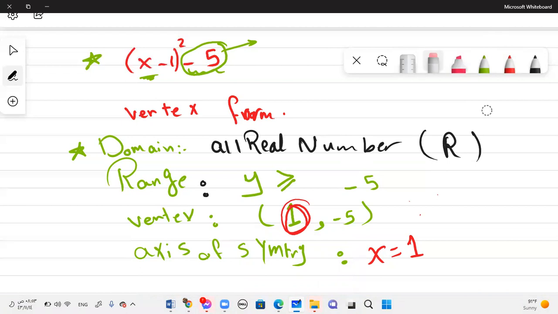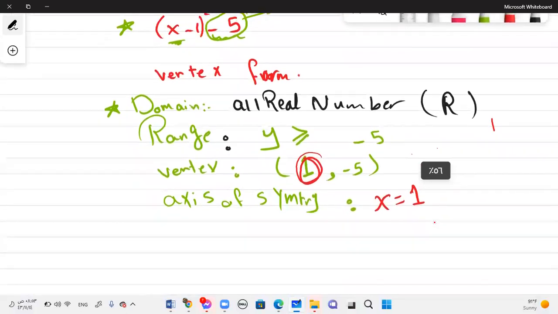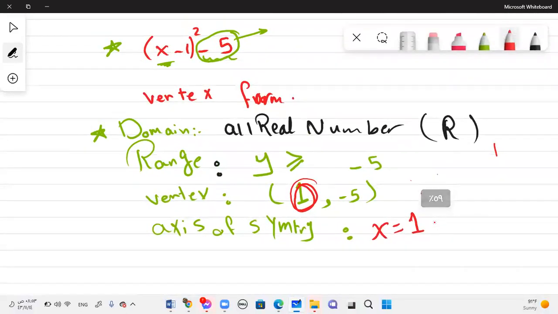If we have the vertex 1 and negative 5 and we take the 1 and put it in here, you can find the y-intercept. But I don't have this point now. Only domain, range, vertex, and axis of symmetry.